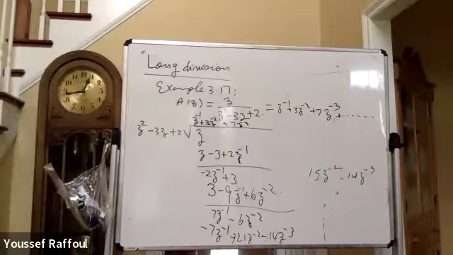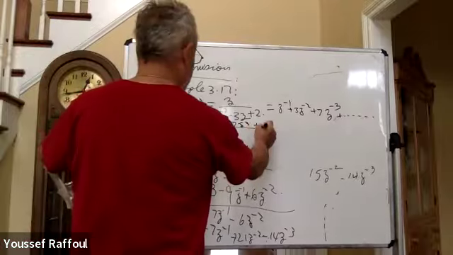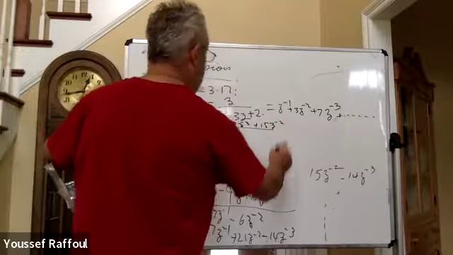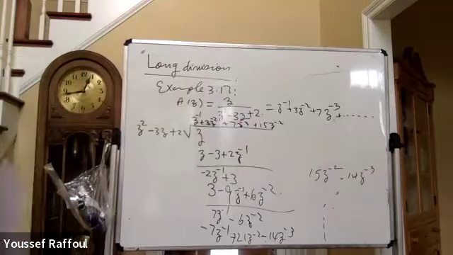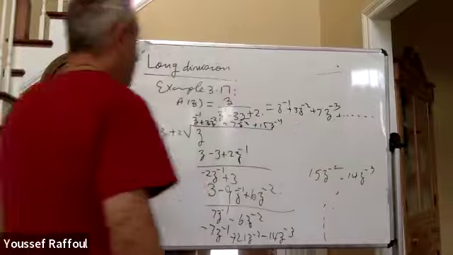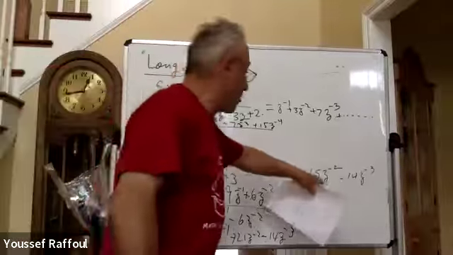And so here, what would cancel out the 15? That will be plus 15z to the minus 2, z to the minus 4. Okay, z to the minus 4. And then this and that one will cancel out.